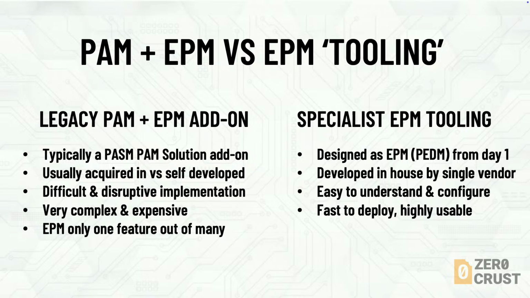The legacy PAM is going to have the EPM as only one feature out of many, so when you need support, you're having to find someone to help you with that one particular product of many, and you're not getting very focused support.